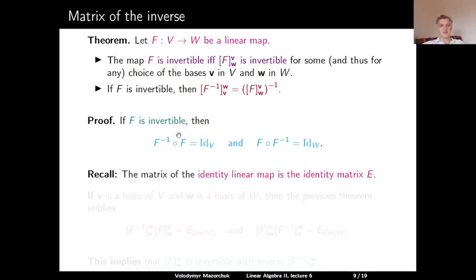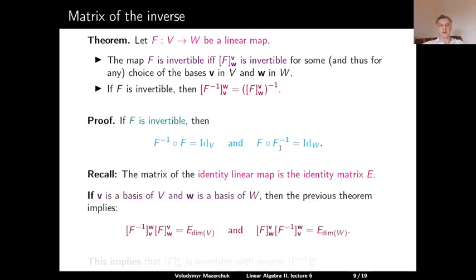And we know that the matrix of the identity map is the identity matrix. So if we apply taking the matrix to these two equalities, we get that the product of the matrix of the inverse times the matrix of f is equal to the identity matrix, and in the other direction, the product of the matrix of f times the matrix of the inverse is equal to the identity matrix.